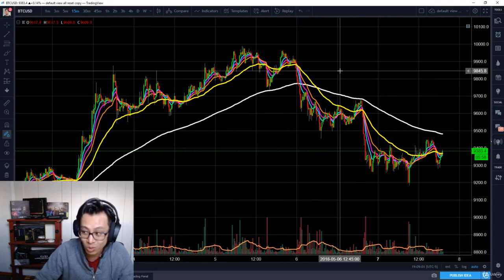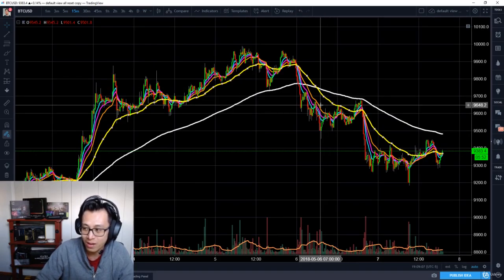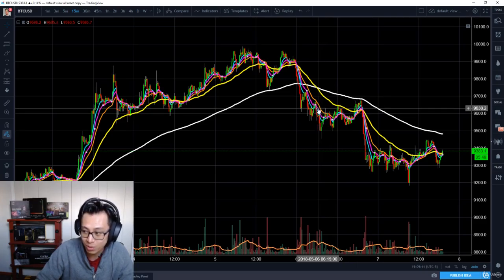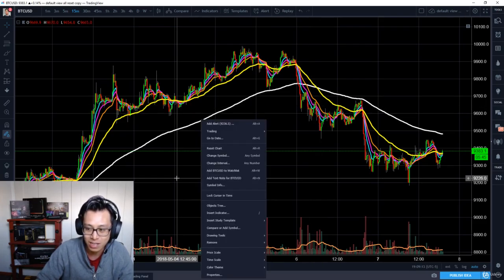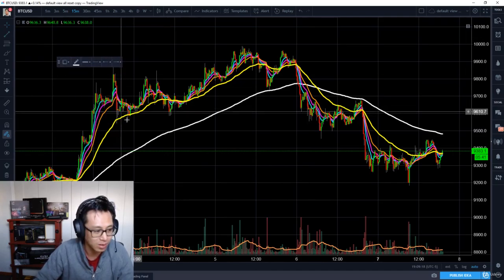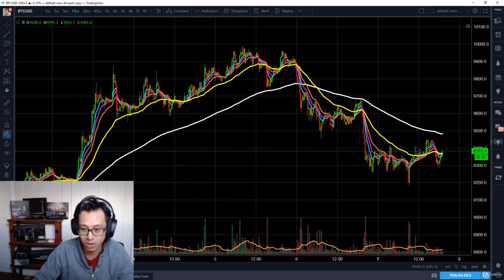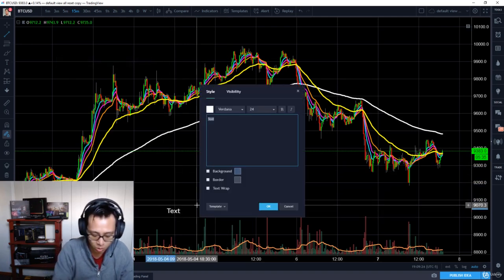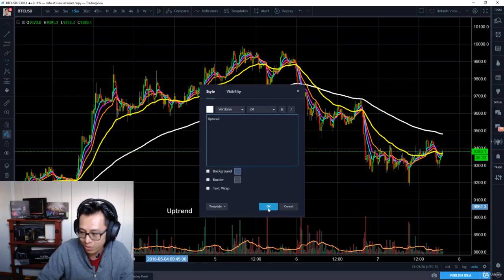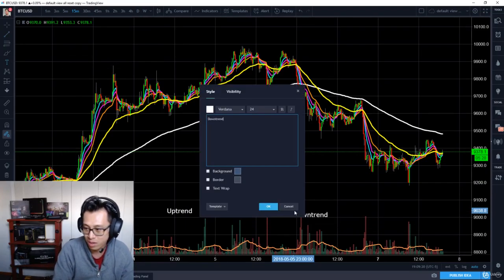But on a downtrend, we see the bigger number on the top, the 200, and then the 55, and then the 21, and then the 13, and then the 8. So it looks like this, and we're going to draw it out to give you guys a really good visual representation of it. We're going to label it very clearly so we know which one is an uptrend and which one is a downtrend. So this is a downtrend right here.